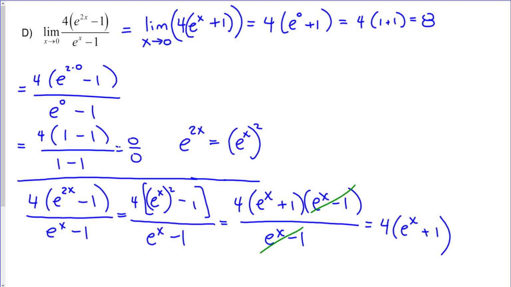Now you may be thinking, that's not algebra that I'm aware of. And that would be okay. You can still evaluate limits for functions using prior knowledge.